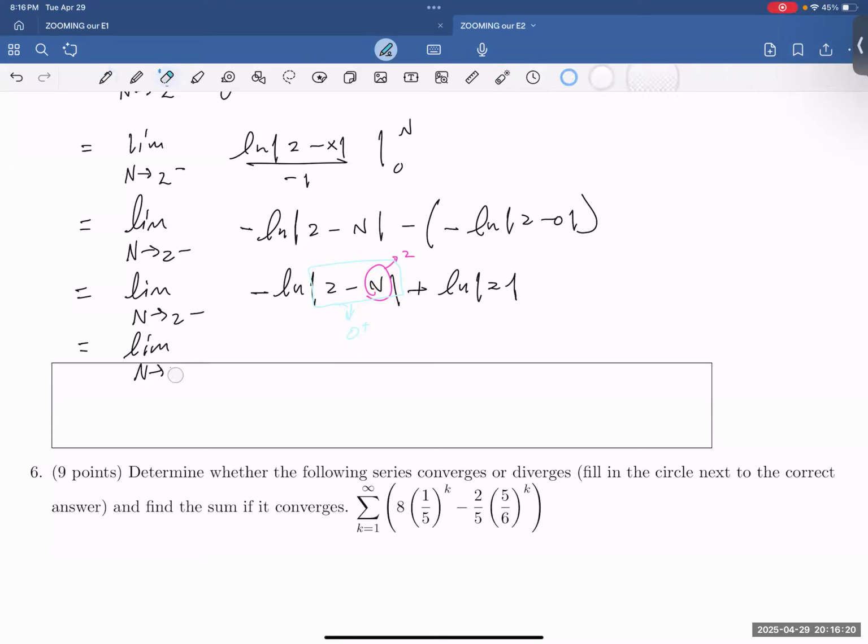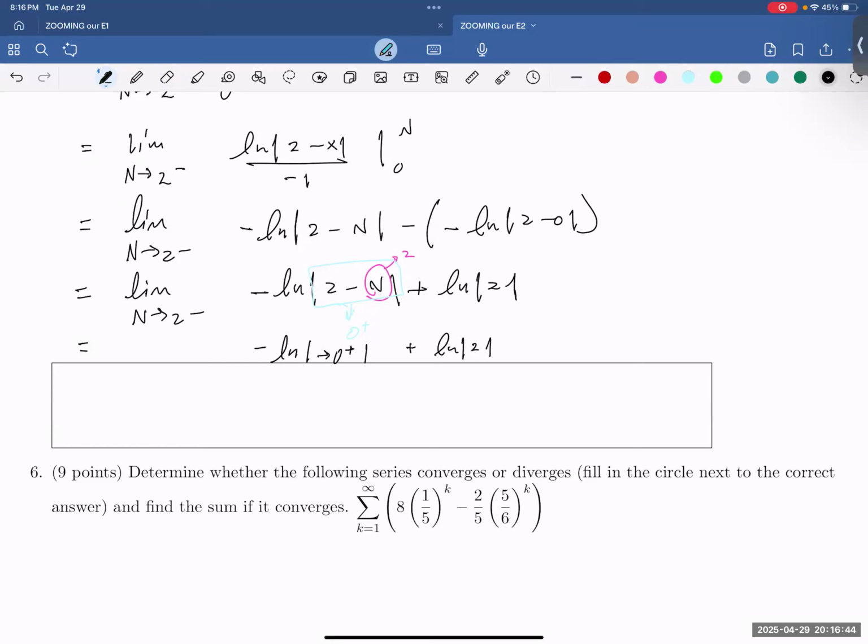Either way, let's take that limit away. We're evaluating now. If we're approaching, we have negative natural log, the input is approaching 0 from the right, plus this natural log 2.